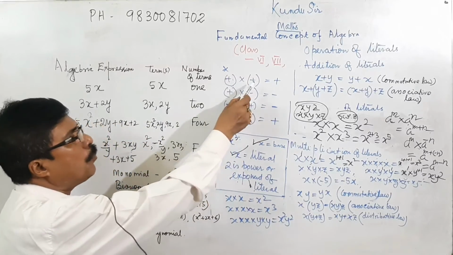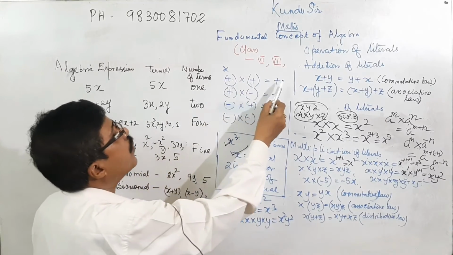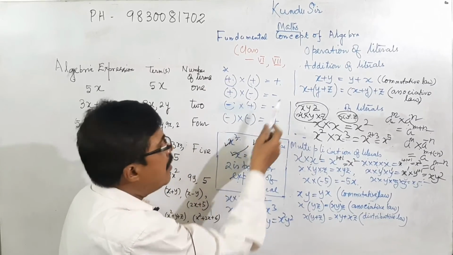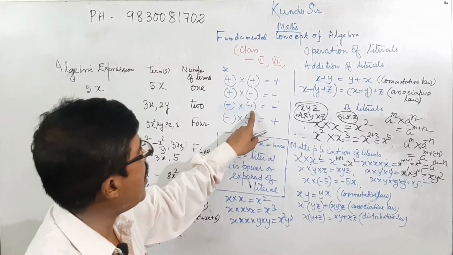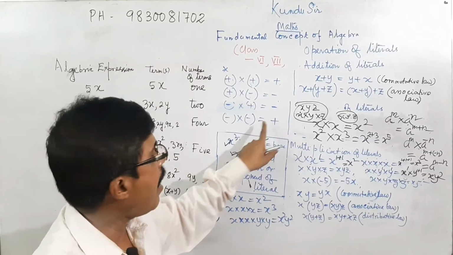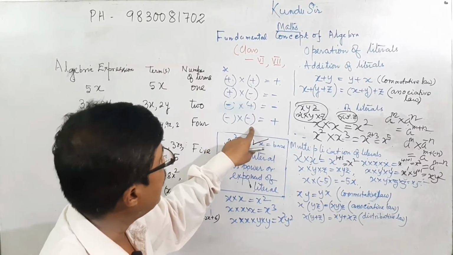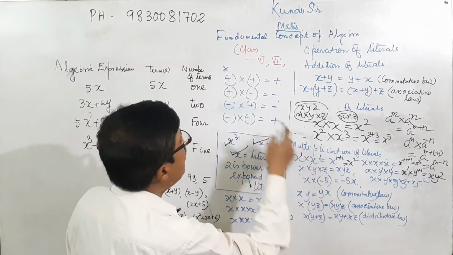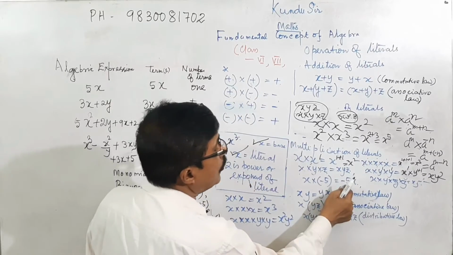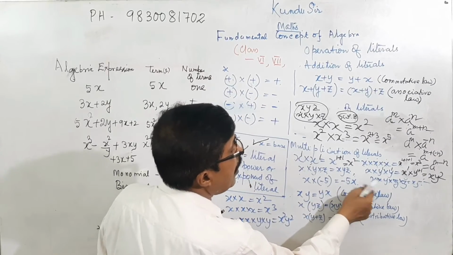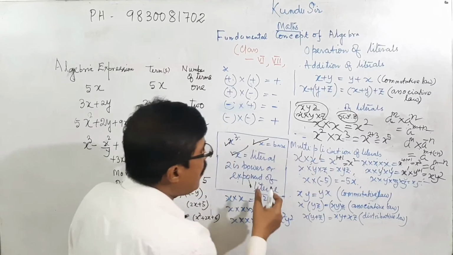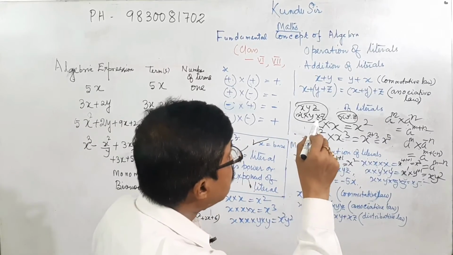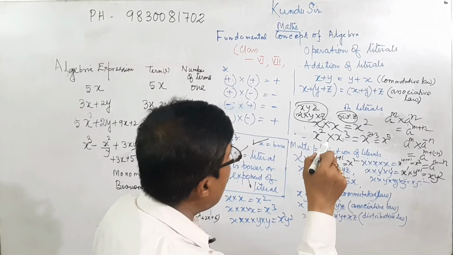Plus into plus equal to plus, plus into minus equal to minus, minus into plus equal to minus, and minus into minus equal to plus. So plus into minus equal to minus 5x.